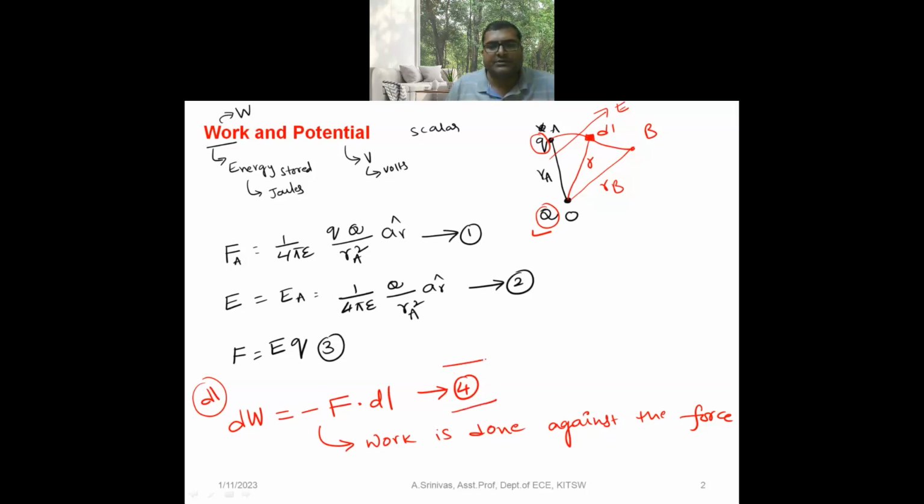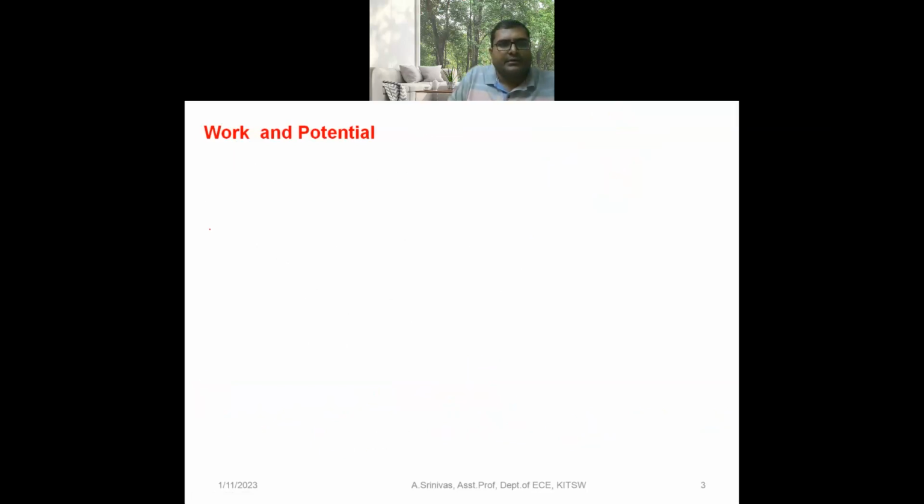Let us continue our discussion with equation number 4 in the next PPT. The differential work done in moving the charge by the length dl is minus F dot dl. Now here the total work done is the integral of dW is equal to minus integral of E dot dl.